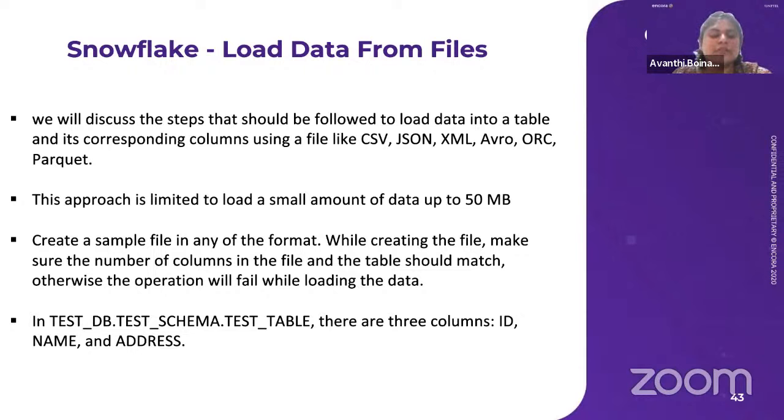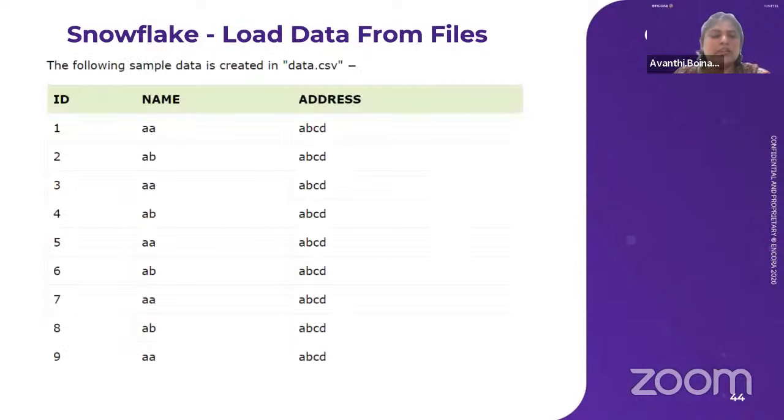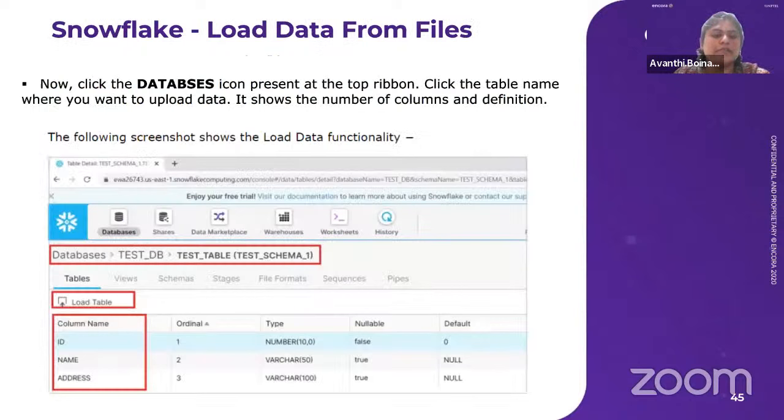For example, I have given test underscore db dot schema dot table, with the db name, schema name, and table name. There are 3 columns: id, name, and address. See the following sample data: id, name, address, and it is a CSV file. This is how it will load.